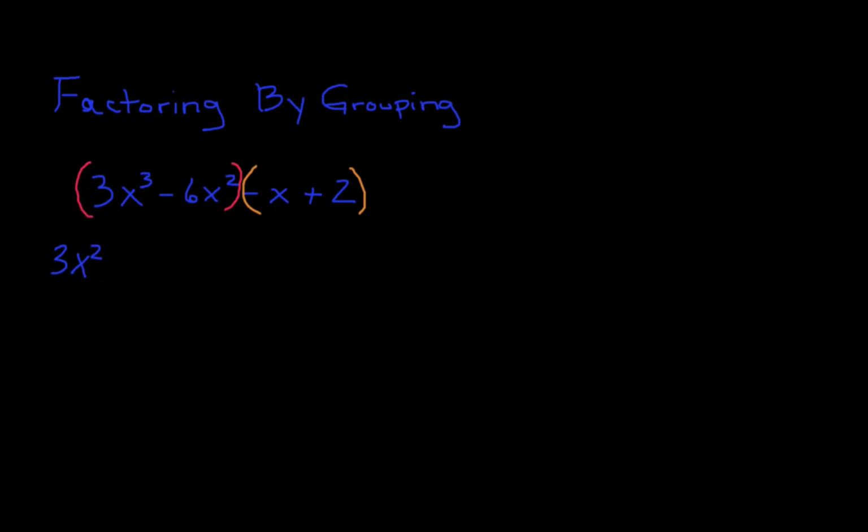So we're going to take out the 3x squared by division. Let's do it one step at a time. 3 divided by 3 leaves us with 1. You can put the coefficient of 1 here, but you don't have to. I personally don't like to, I think it confuses people. But 3 divided by 3 is 1.